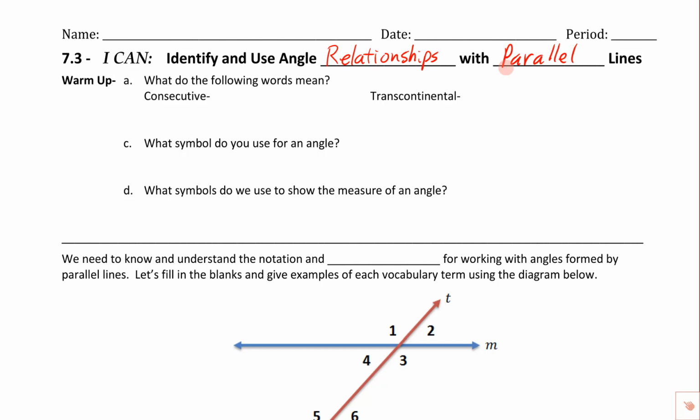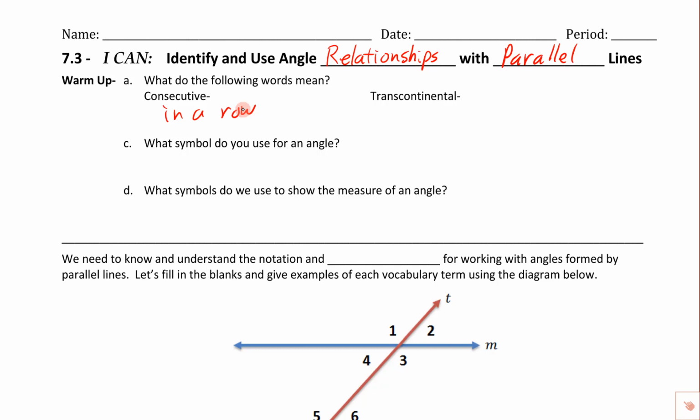So as a warm-up, let's take a look here at these words. What do the following words mean? Consecutive and transcontinental. Okay, so if you've got things that are consecutive, then they happen in a row. If you made 14 consecutive free throws, then you'd made 14 in a row.